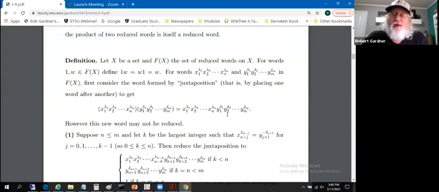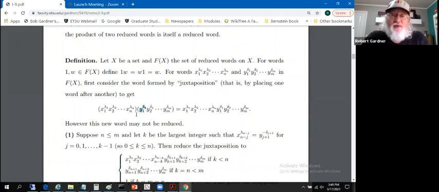I'm okay, I guess, in calling this a word. It's not a reduced word, maybe, because we could have some cancellation. The last term in x, the last expression in the first word, could cancel with the first expression in the second word. The x sub n, lambda sub n could cancel with a y sub 1, delta sub 1.